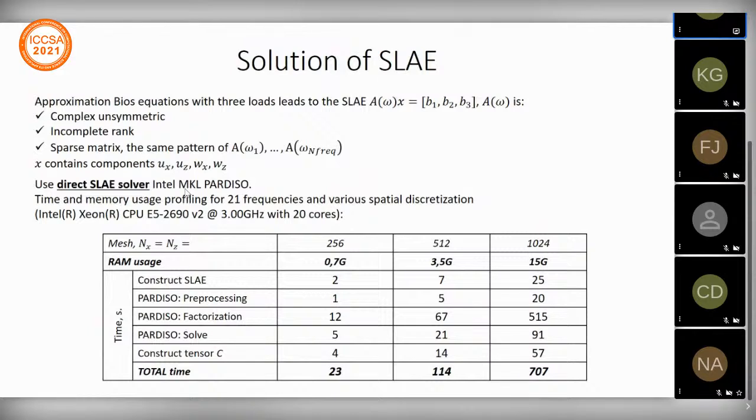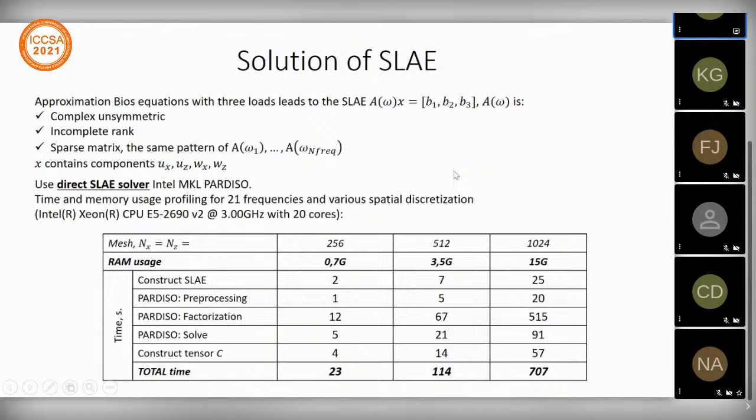And that's quite a nice thing about all these equations, because if we use direct solvers to solve the problem, like those implemented in Intel MKL PARDISO, all these solvers are using some preprocessing, and this preprocessing is always the same. It can be applied only once because of the same pattern of all the matrices.